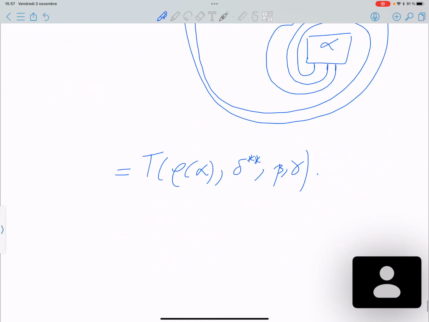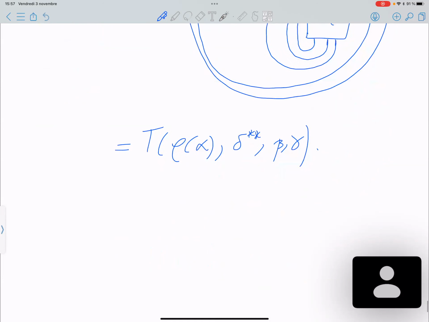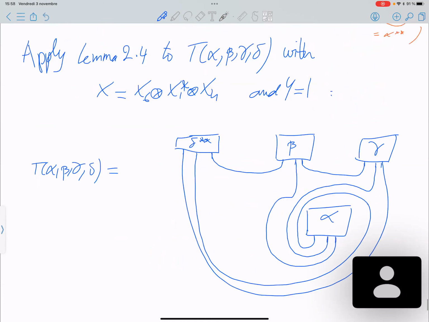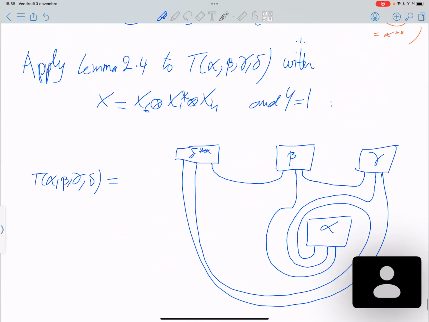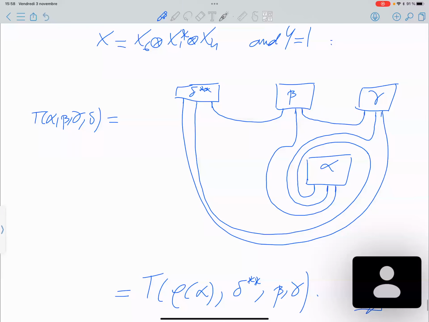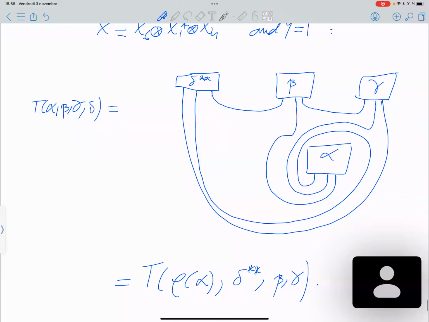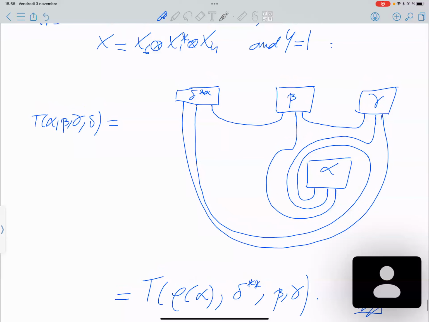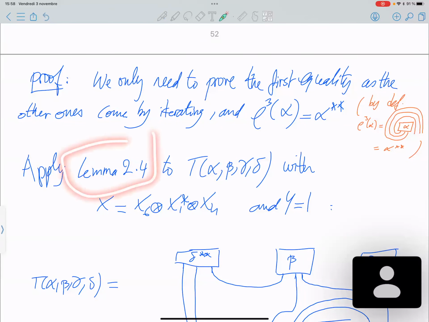So up to drawing everything cleanly, there is nothing complicated here. You just have to draw it and apply this lemma properly, and you exactly get that.